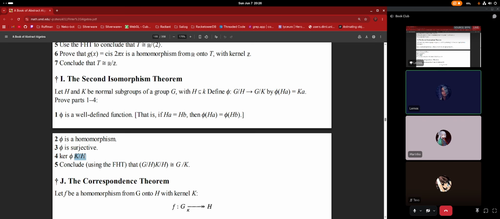If you go only with an element that is in K, because remember, H is inside of K, there are elements of K that are not in H. And the output of this would map everybody to identity because they are only in K. So to me this makes sense.